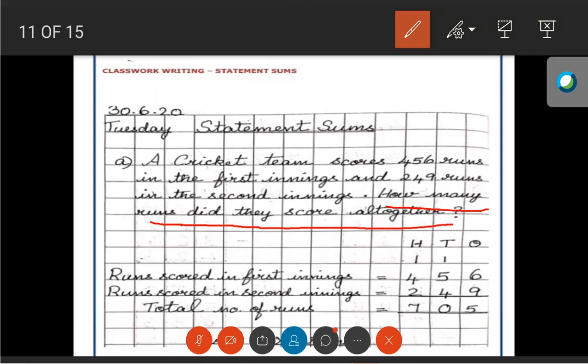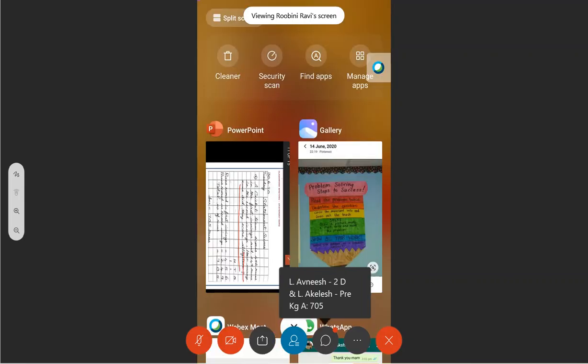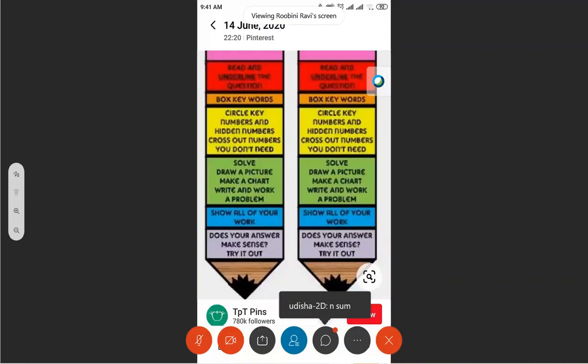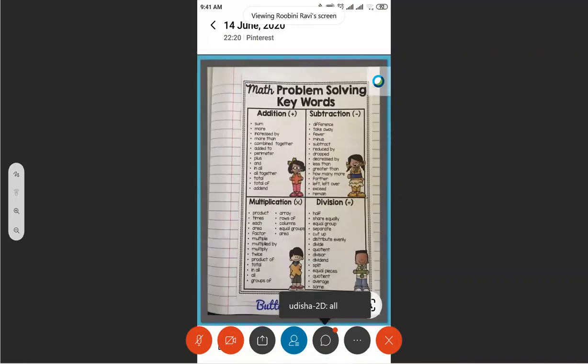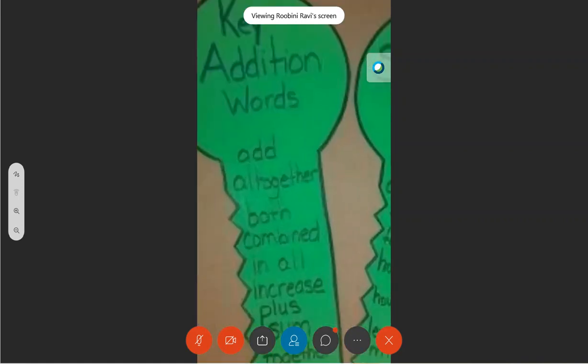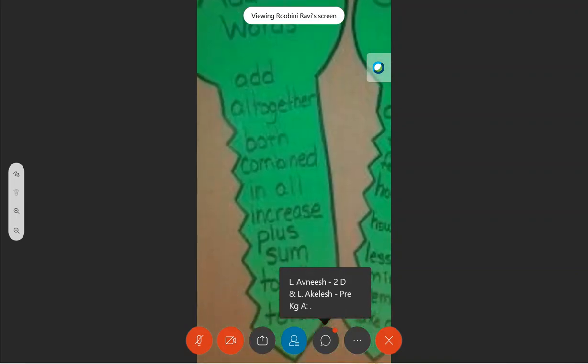Now look at the key terms. What is the addition key term? Add, altogether, both, combined, in all, increase, plus, sum, together, total.